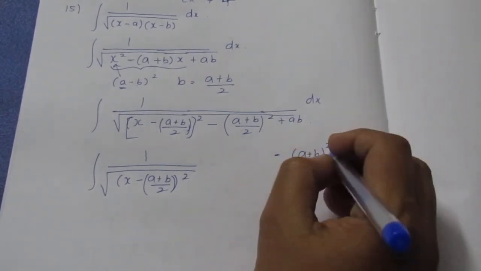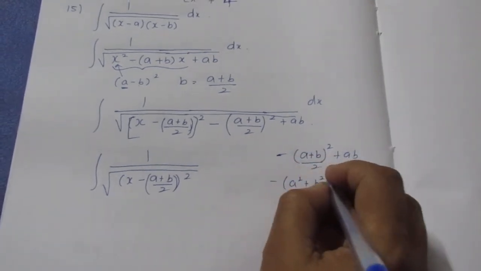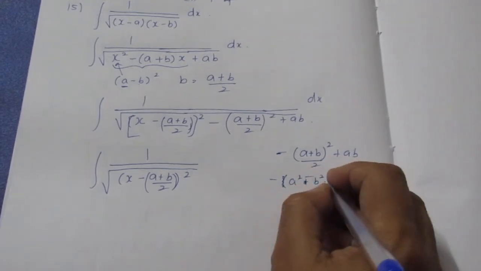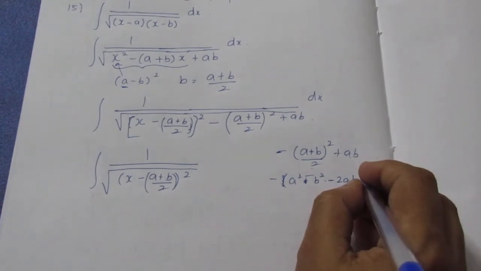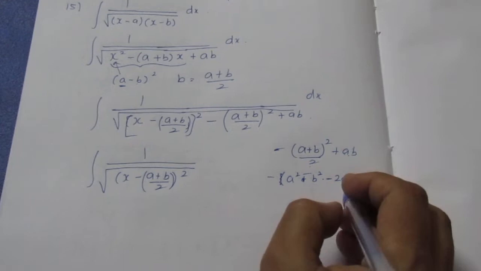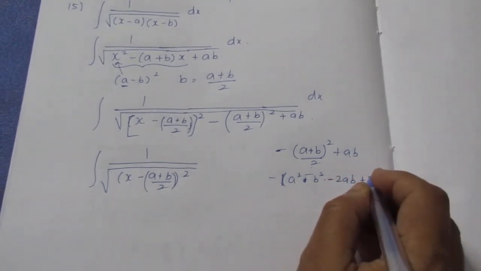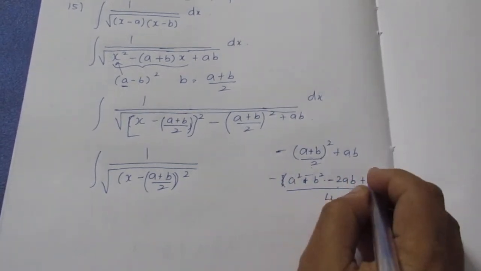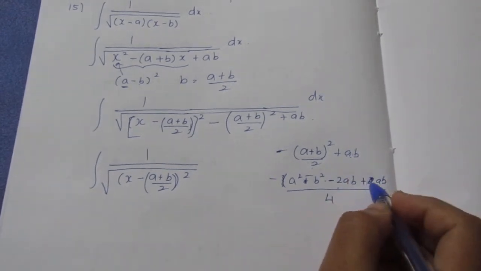Now we have a minus sign here and a plus sign here. This becomes minus a square plus b square. Taking the minus sign inside, it becomes minus b square minus 2ab. Here solving this, it becomes plus 2ab. It becomes 4, so taking LCM it becomes 4ab.